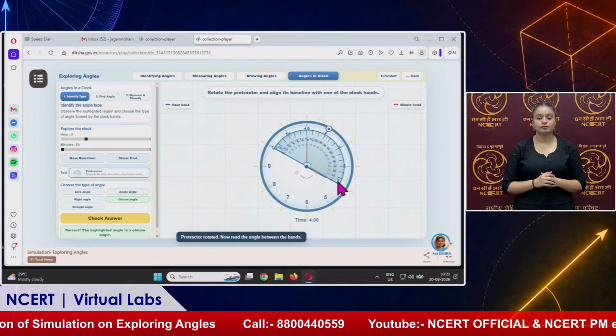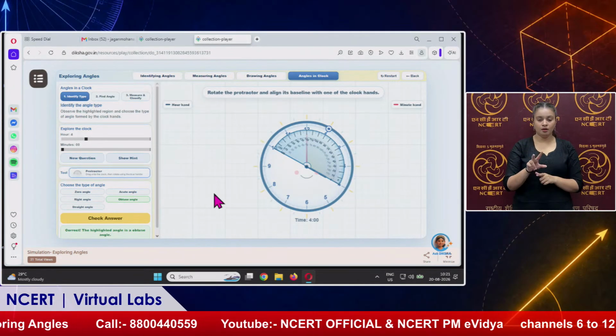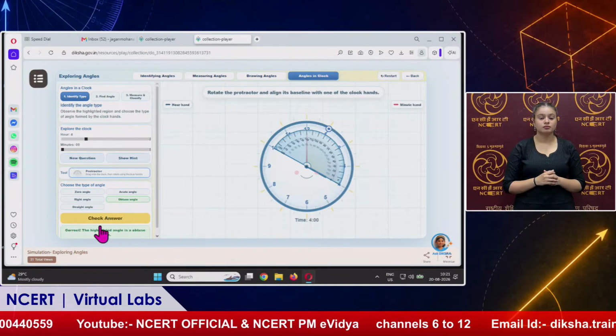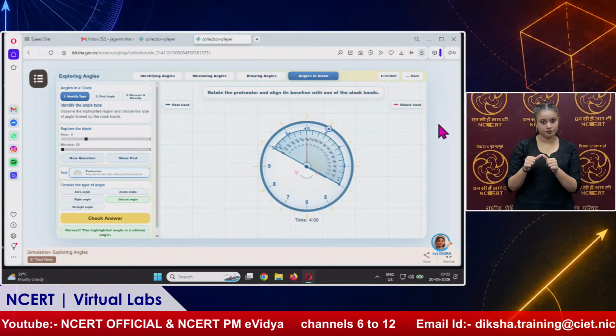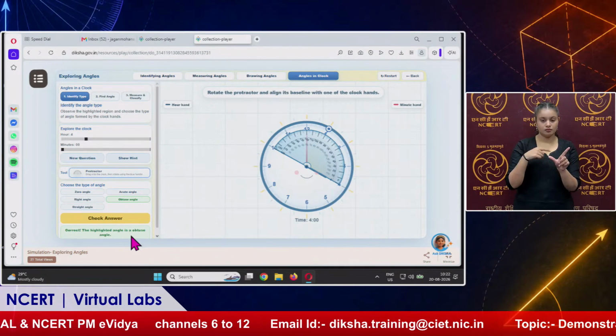Here the angle is almost 120 degrees. So we will check the answer. The answer is correct. The highlighted angle is an obtuse angle.